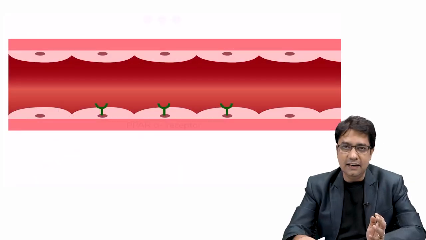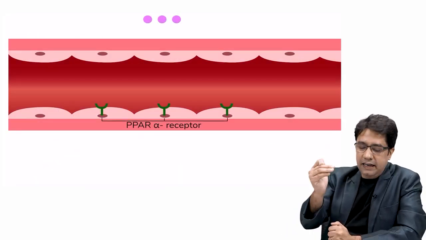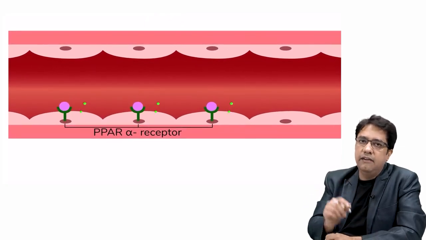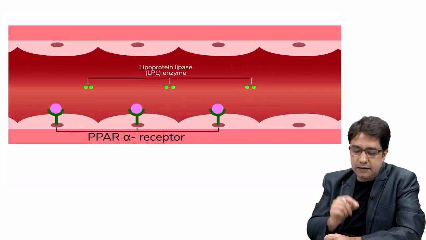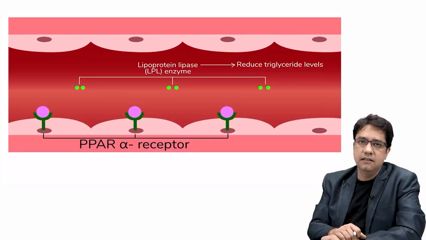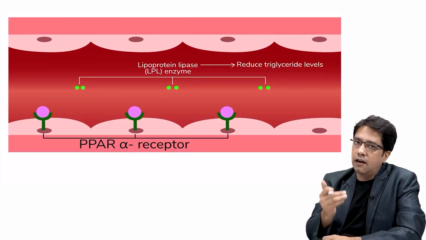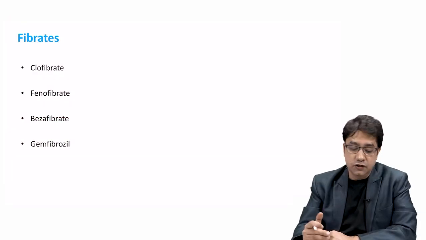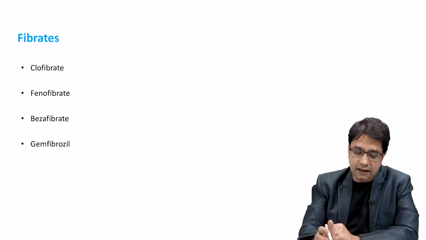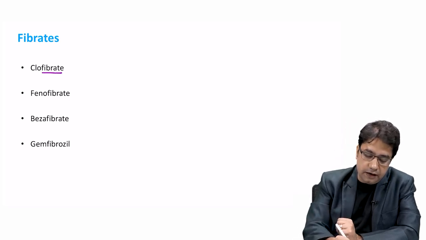So let's understand in a more simple manner. Fibrates come inside the endothelial cell. They activate PPAR alpha receptors, which increase the production of lipoprotein lipase enzyme, which removes triglyceride from the blood. So what are the different drugs we have in the fibrate group? We can easily remember clofibrate.